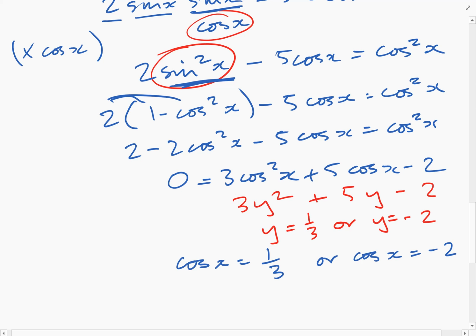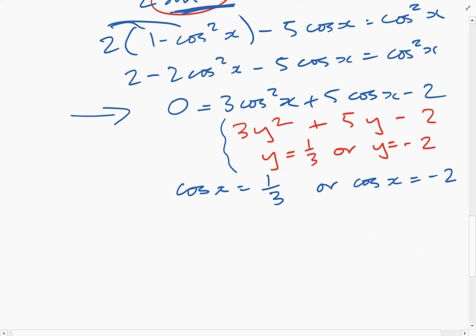Okay, so this bit in red you don't really need to write down. I was just showing it's the same as a quadratic equation. This line up here is just a quadratic. So now all we've got to do is solve these two equations here, starting with the one on the right.